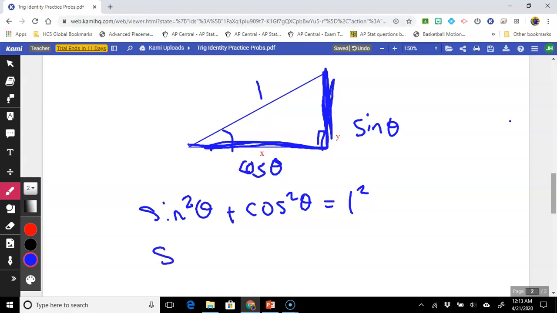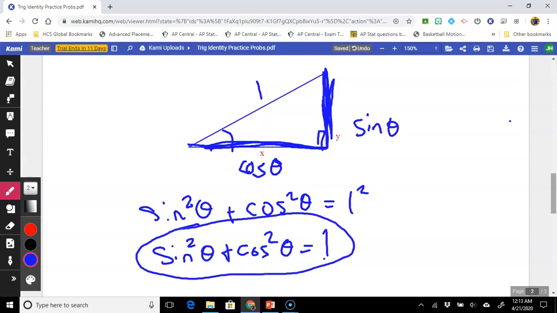So we have this idea that's a very important concept for us that we're going to use a lot, called the Pythagorean identity. And it's that sine squared of an angle plus cosine squared of an angle is equal to 1. And we call that the Pythagorean identity.